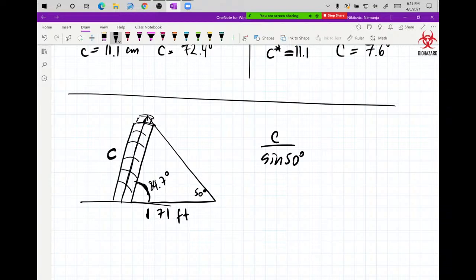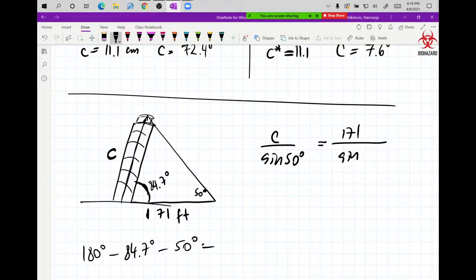And now you would like to use 171 with a sine, but you don't have that angle up there, so you have to do this calculation: 180 degrees minus 84.7 degrees minus 50 degrees, which will give us the angle for sine B. Come on, pen, you can do it. There we go.